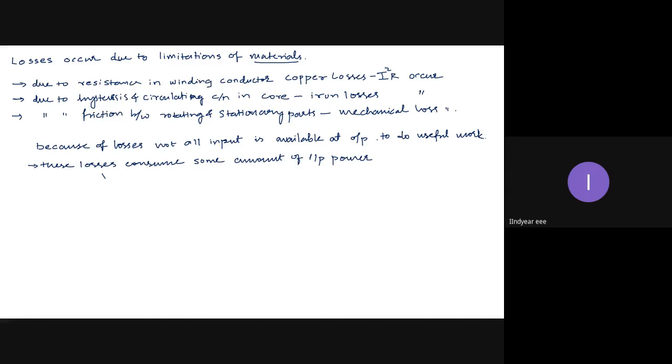They will consume and dissipate it in the form of heat.